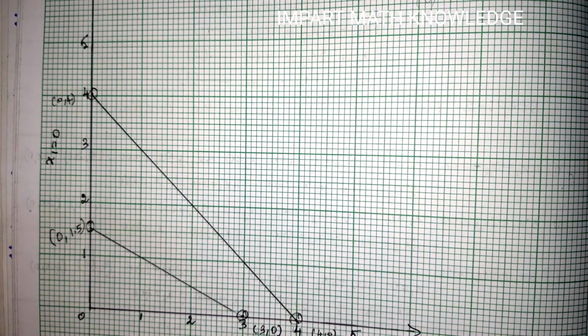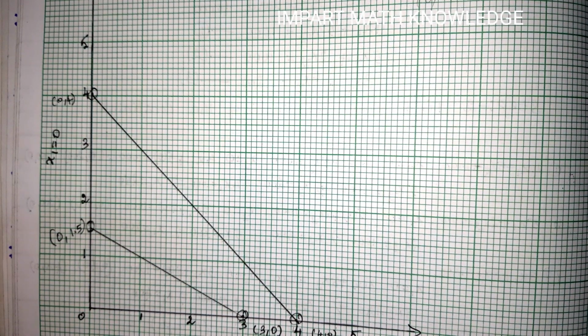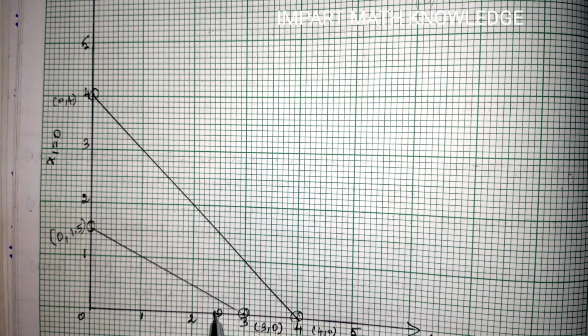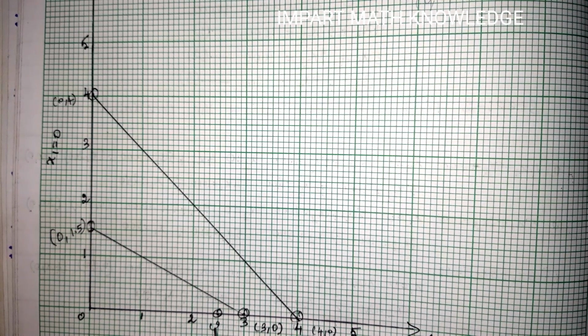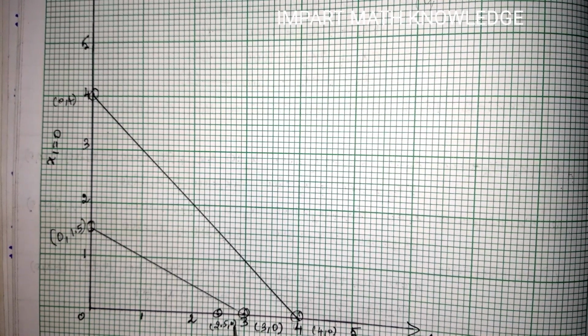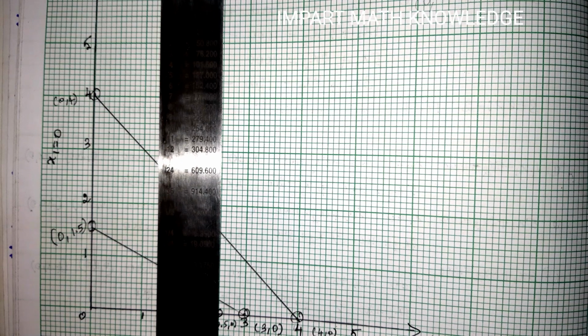Now the third constraint, the coordinate is 2.5, 0. 2.5 is in between 2 and 3, so this is the middle line. For the third constraint, we have only one coordinate, 2.5 comma 0, so you have to draw a straight line.